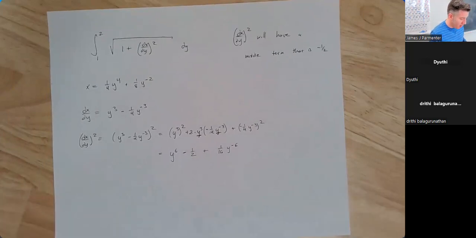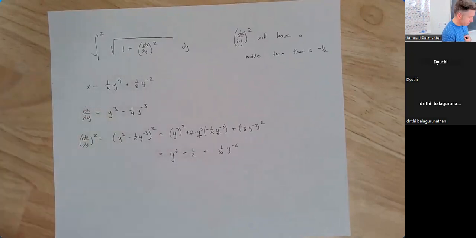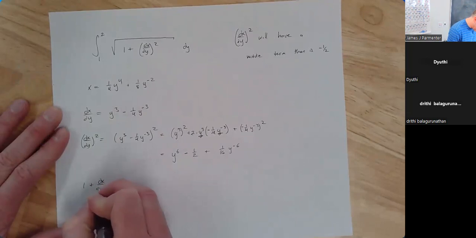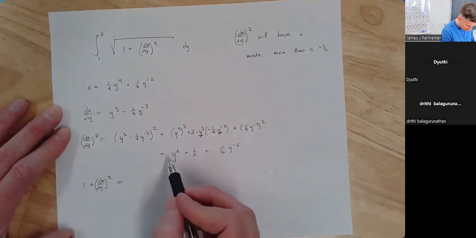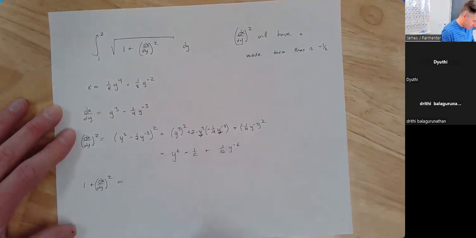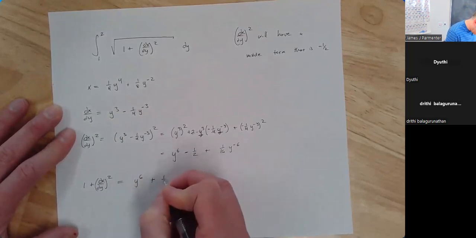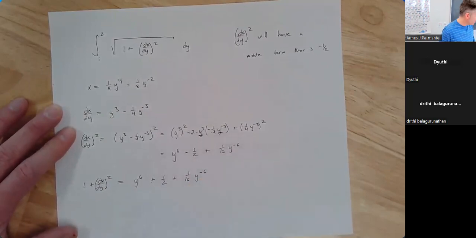Why is this notable? Well, because now I'm going to add 1 to it. So I look at this, 1 plus dx dy squared. Here's where the magic happens. I'm going to do the same thing, except the minus 1/2 is now going to be plus 1/2. So I'm going to get y to the 6th plus 1/2 plus 1/16 y to the negative 6th.